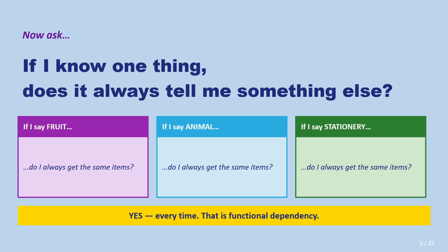And the answer is yes. If I say fruits, that is a bigger category. Do I know what goes inside that item? If I say animal, do I always get the same items? If I say stationary, do I always get the same items? If the answer is yes, then that is basically what we mean by functional dependency.